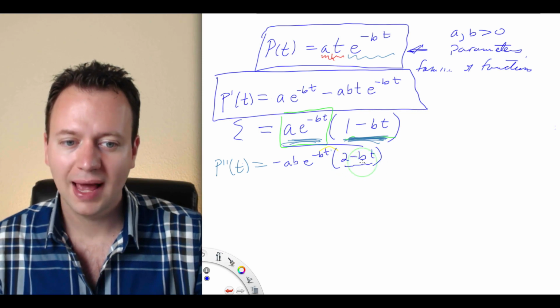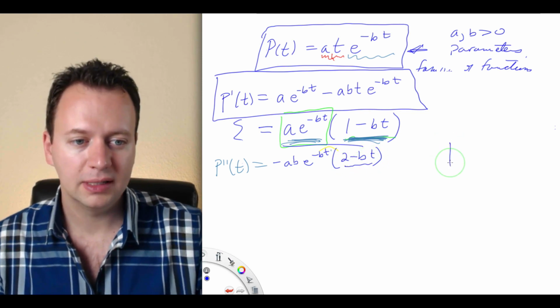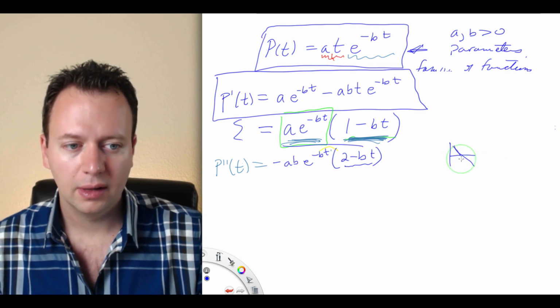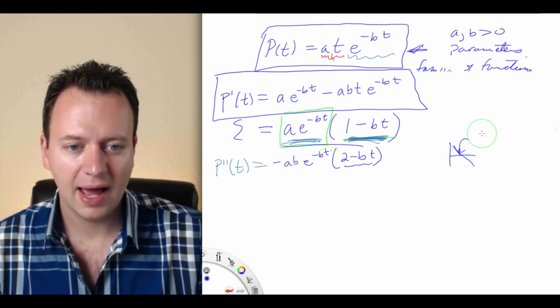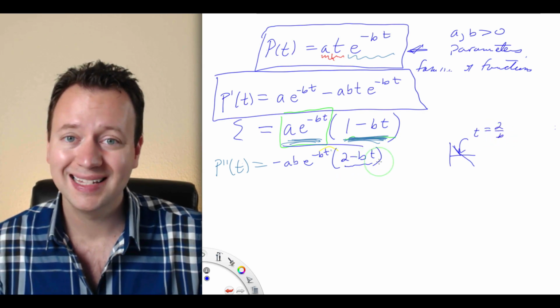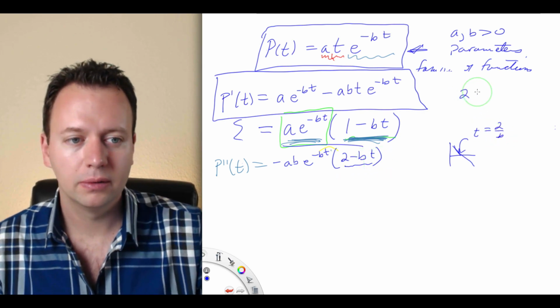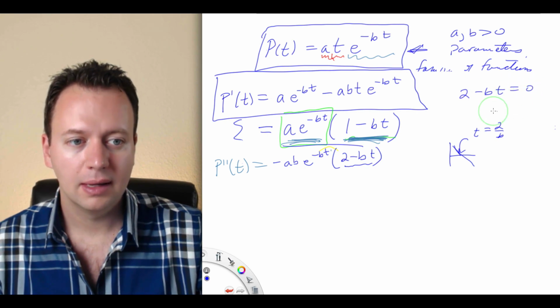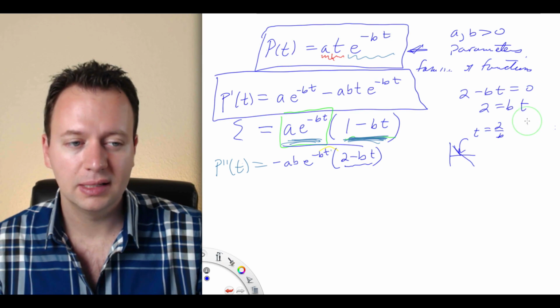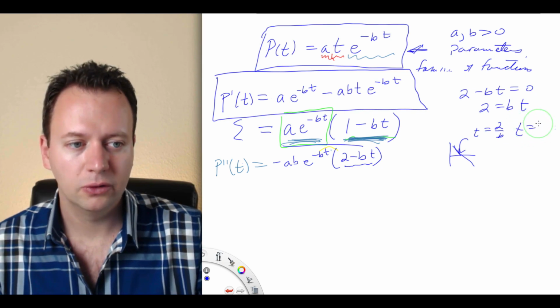And this function has a negative slope, so it's a decreasing linear function. So it's going to be positive and then negative, and the transfer happens when t is equal to 2 over b. Because 2 minus bt equals 0, so this is what I did in my head. 2 is equal to bt, so t is equal to 2 over b.